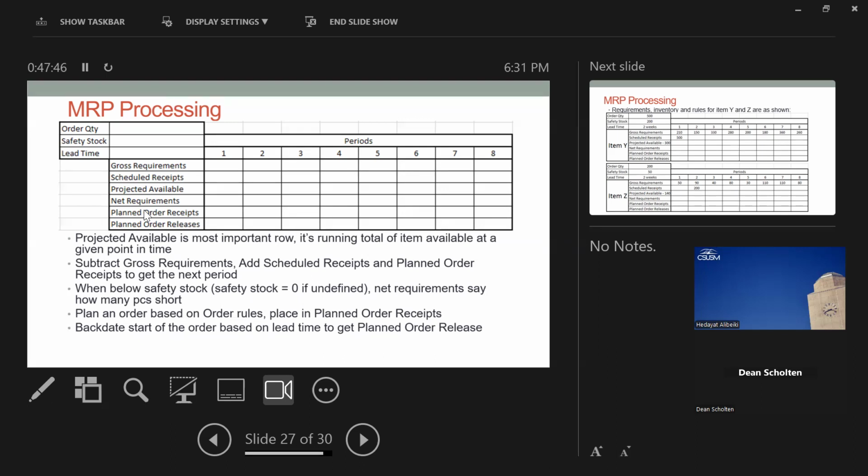Sometimes we have a net requirement that's zero, but we still plan from a safety stock perspective, right? The planned order receipt, then the planned order release, where the yield is 100%, you just order exactly as needed, offset by the lead time period.